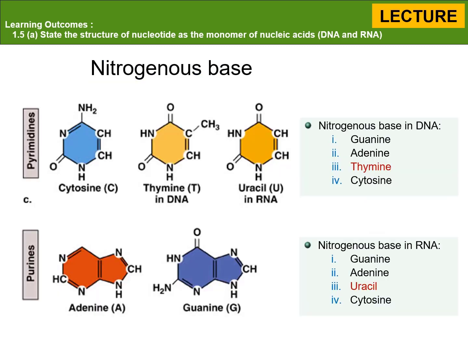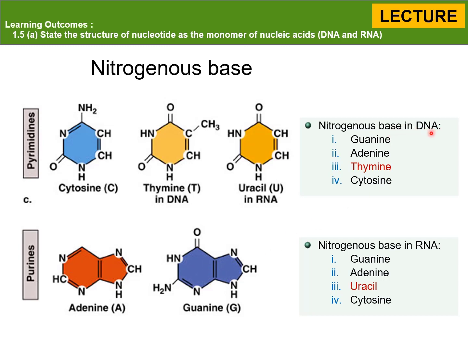These are the diagrams of nitrogenous bases. These are pyrimidines, and these are purines. Pyrimidine has a single carbon ring, whereas purine has double carbon rings.